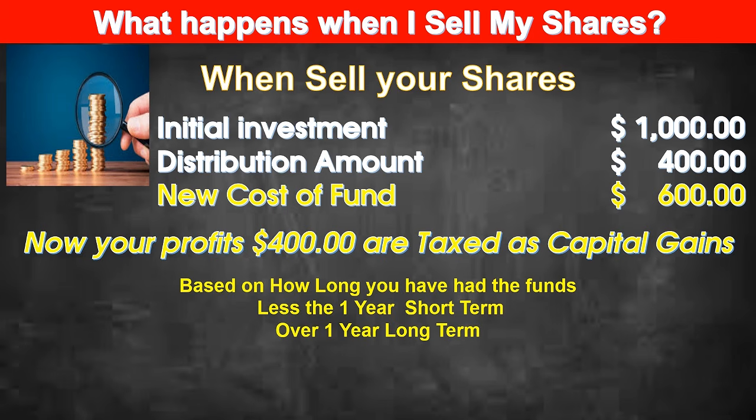I may never decide to sell those funds. I'll pay tax on the capital gains on the distributions, but I probably will never sell those funds and never have to worry about this until I'm many, many years down the road.